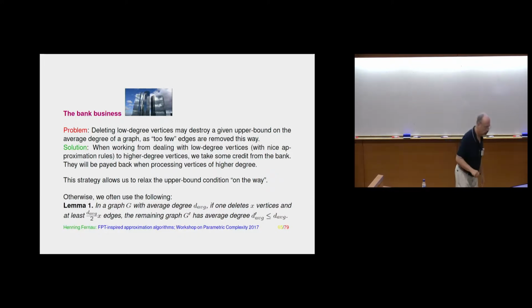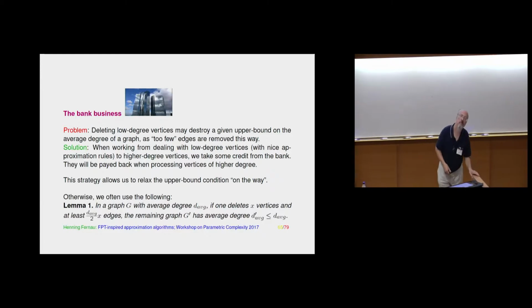Otherwise, I'm not so much caring about it, put it this way. And working this way, I can somehow relax this funny upper bound on this average degree condition. As I said, I need this in order to prove the correctness of my algorithm.